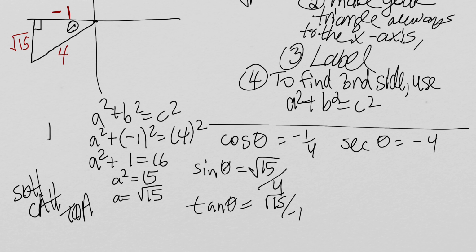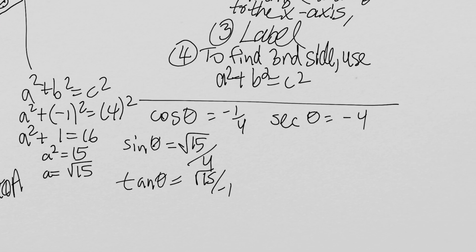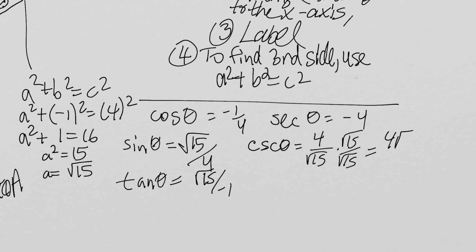Now that I have those, I can do both reciprocal functions. Basically I'm just going to flip these around. The reciprocal for sine was cosecant. So that's 4 over root 15. And what do I do with root 15? Can't have it in the bottom, so I'm going to multiply the top and bottom by root 15. So I get 4 root 15 over 15.